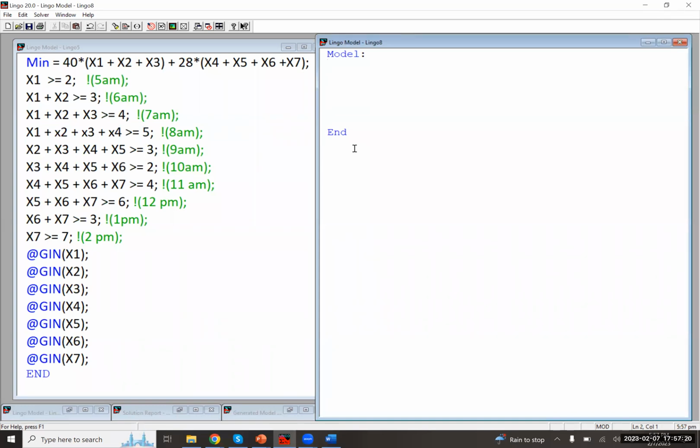And the very first thing, we need to deal with the sets section, right? So the sets section always starts with SETS colon and ends with ENDSETS, right? So SETS, let me use uppercase. You don't need to, but I'm gonna do this.